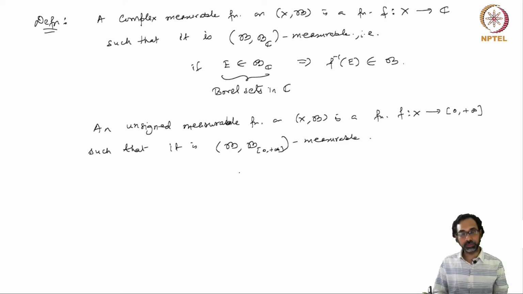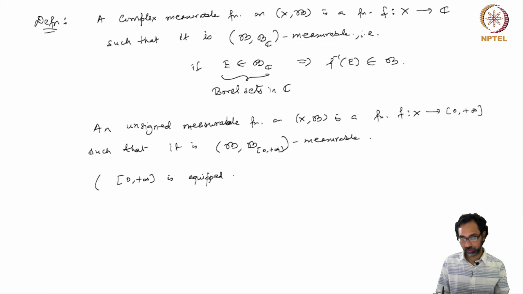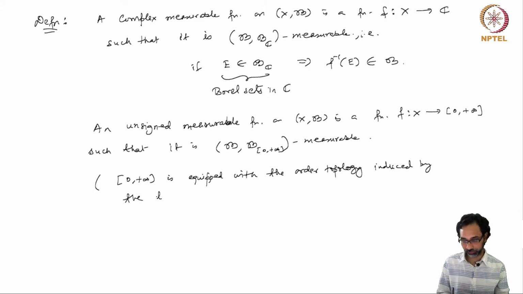Since we are talking about Borel subsets of the extended real numbers, we have to specify what kind of topology we are putting on them. So [0, +infinity] is equipped with the order topology, induced by the total order on [0, infinity].